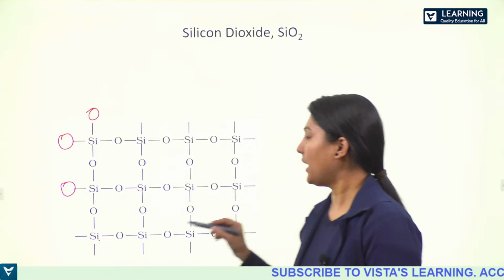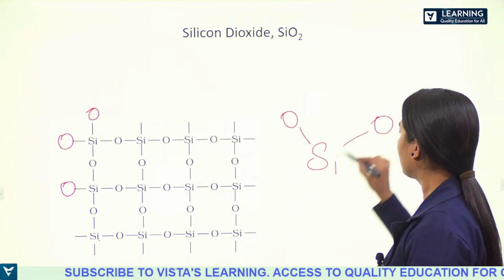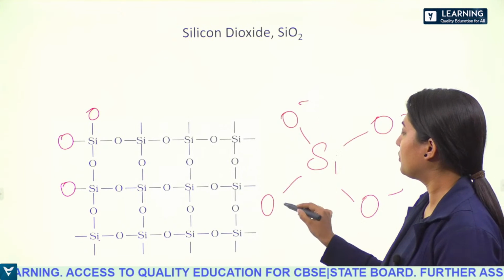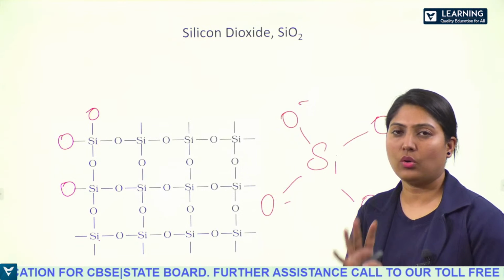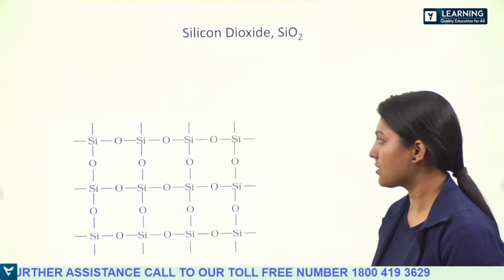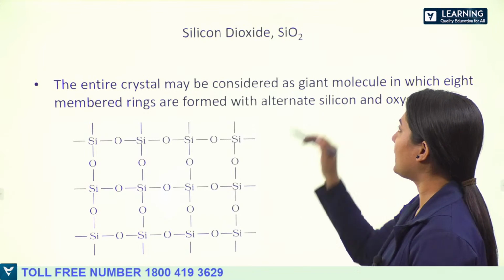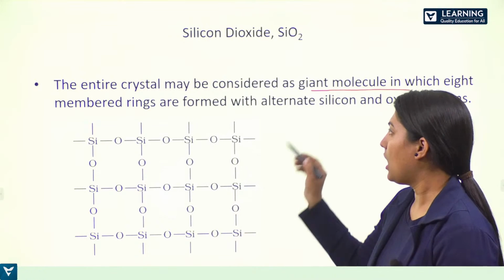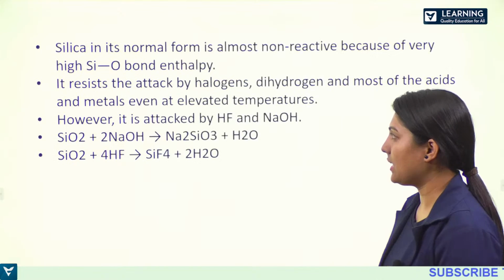If you take this silicon, all will have four, each one will have one negative charge, so four charges for this structure of silicon dioxide. The entire crystal may be considered as a giant molecule in which 8-membered rings are formed with alternate silicon and oxygen atoms.